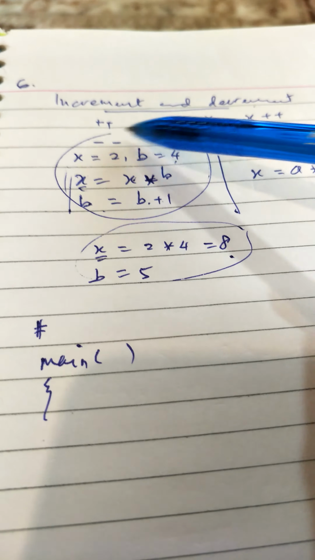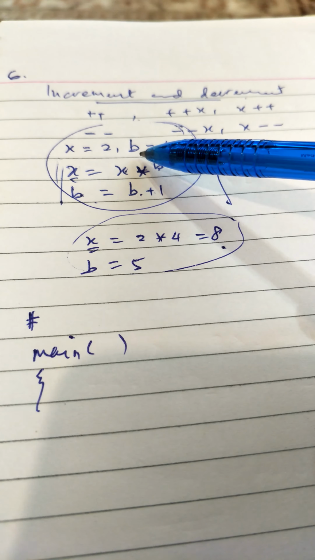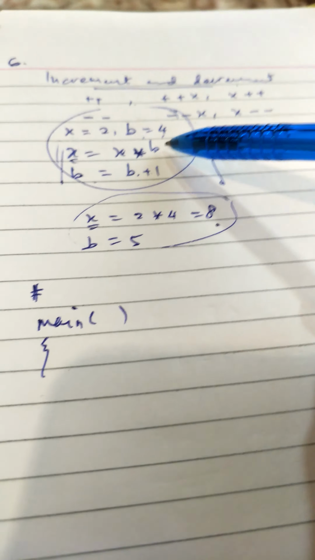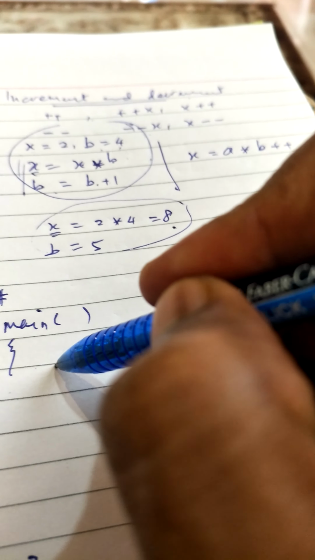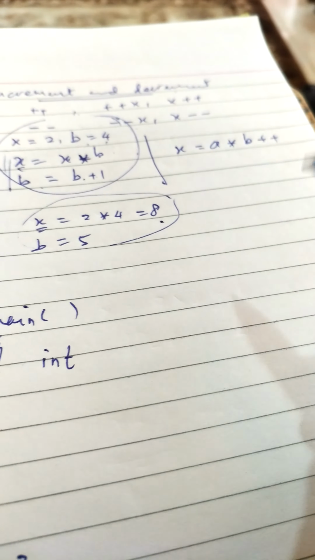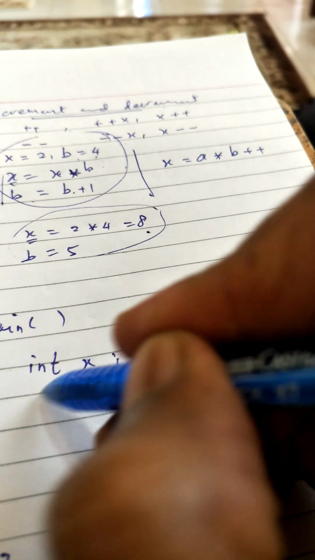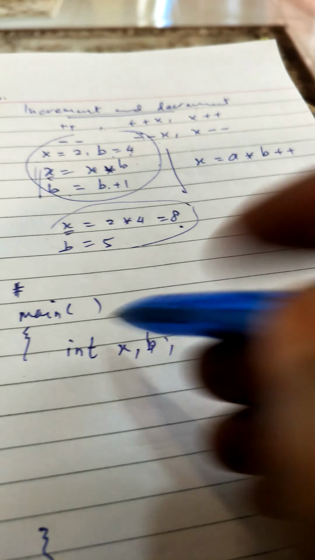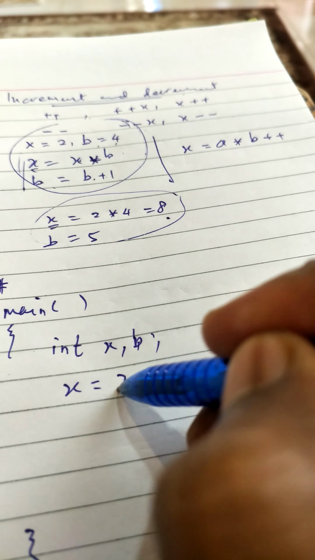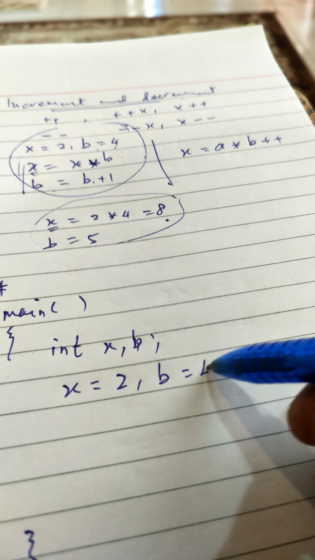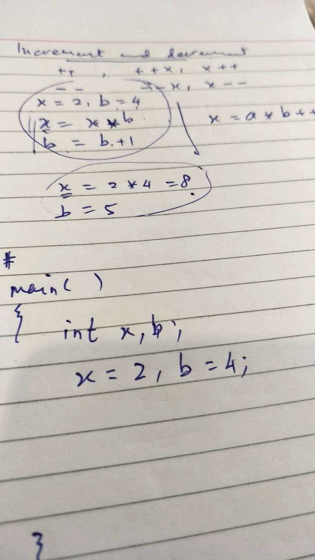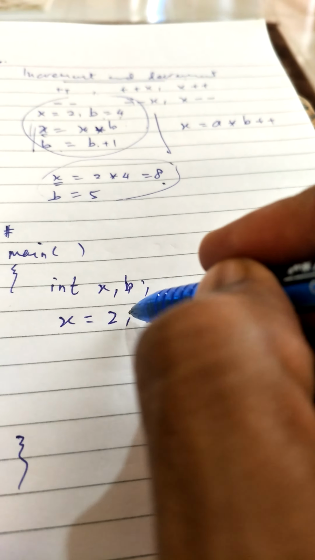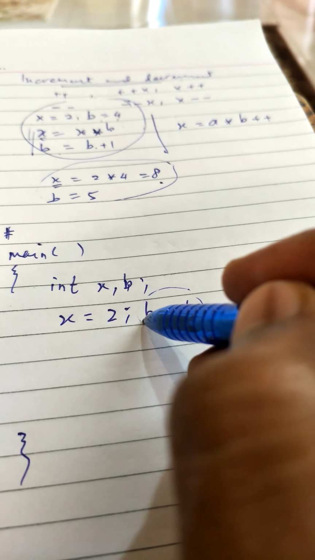So here our variables are x and b, where we have a specific value of x and a specific value of b. So I can declare integer x, integer b, and then I can give the value x equal to 2, b equal to 4. You can put a comma here, but if your program gives an error, then you can put that and bring this down here.